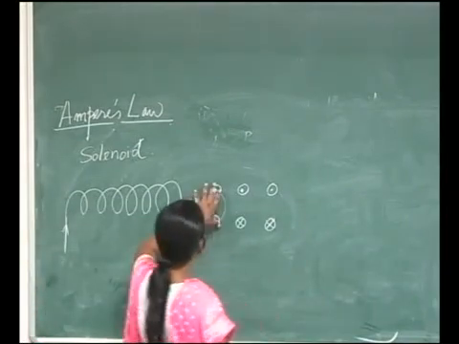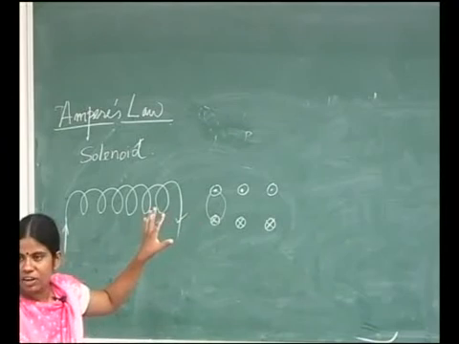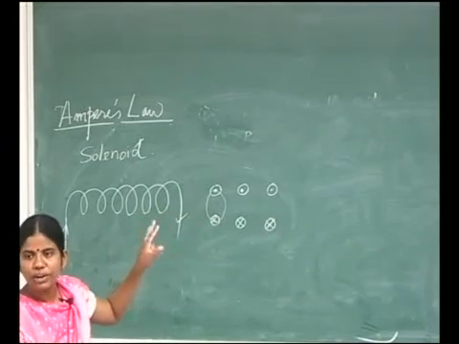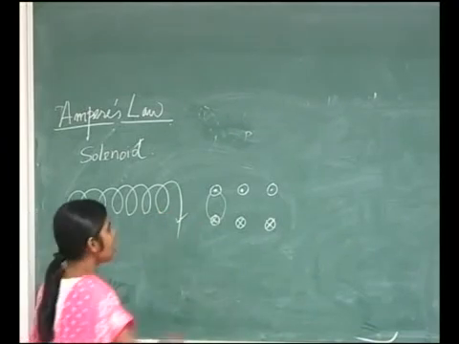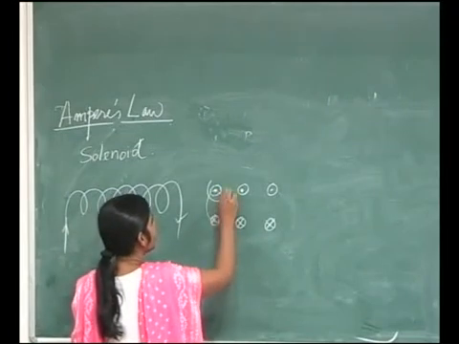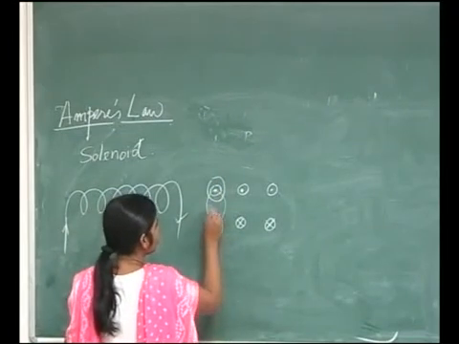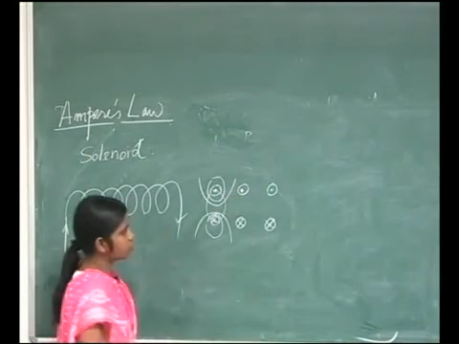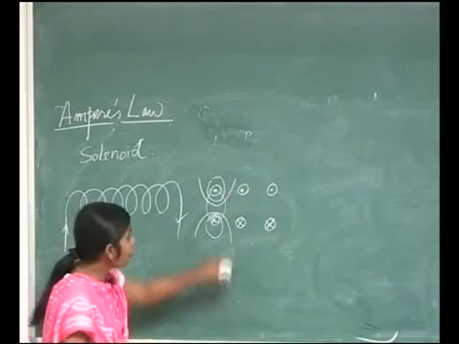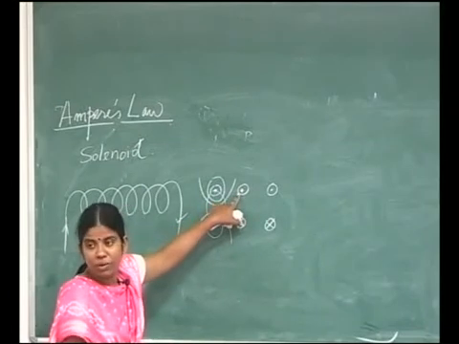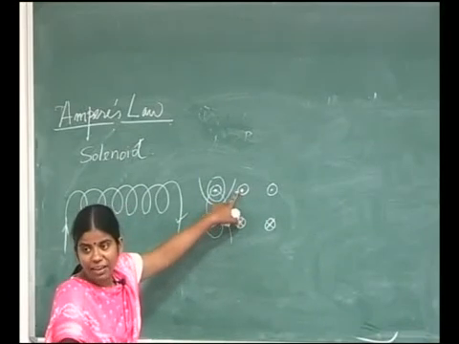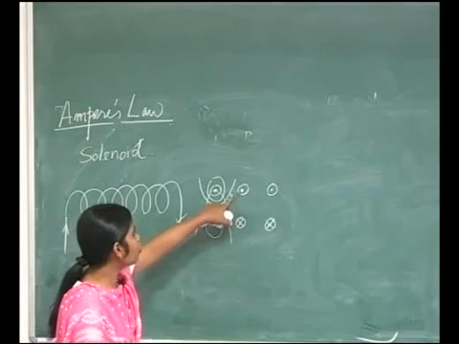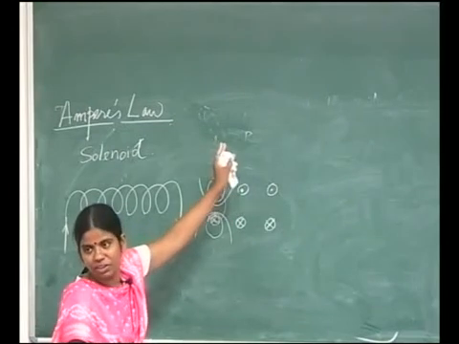Now let us look at one loop at a time. What is the field configuration? I drew this field configuration yesterday, and we know that the field would be something like this, if I have only one loop. But because I have another loop here, this loop would not want this field to go out.